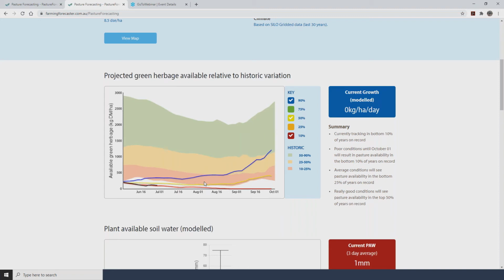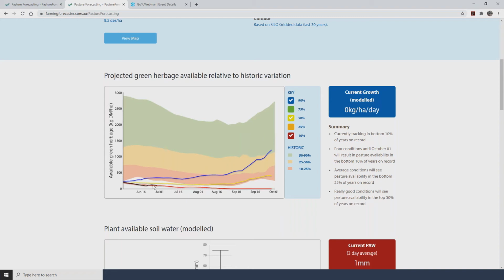Even if exceptional growing conditions were to eventuate, which would be this blue line, this blue line struggles to get to even 1,000 kilos of dry matter by the time lambing commences, and lambing at this site is around the middle of September. So, it's just highlighting that an extremely difficult winter lies ahead.